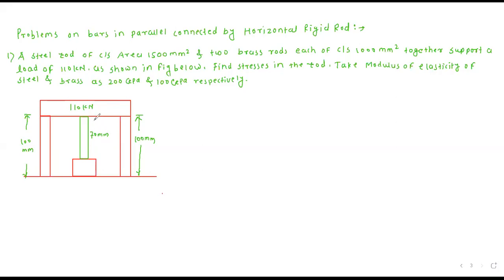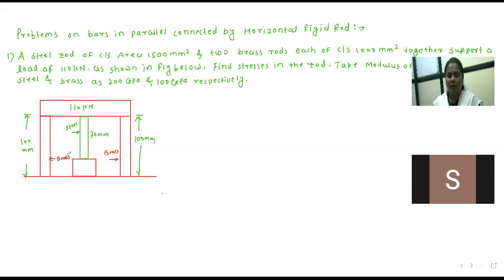This is the steel rod, and the second material is brass, this is also brass. So this figure is given. Our first step is to write the given parameters.